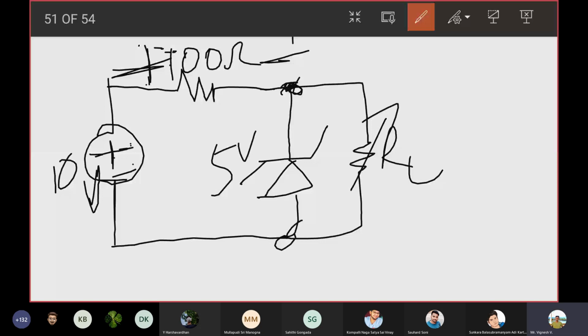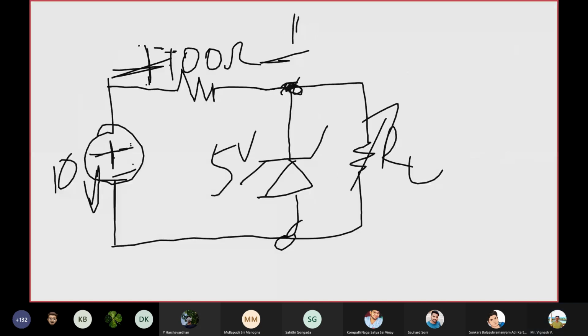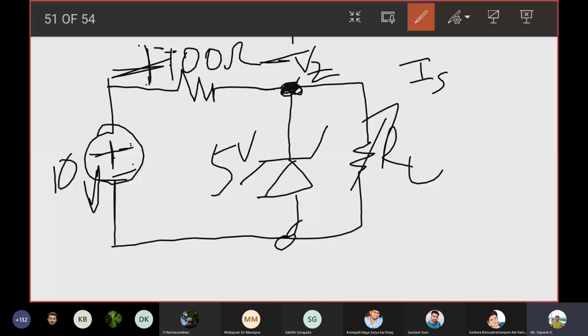This is the minimum value that we found out with the formula. How will you find out the maximum value? You know the voltage at this point, you know the voltage as VZ, right? What is IS? Can someone tell me what is IS? This is the IS current.